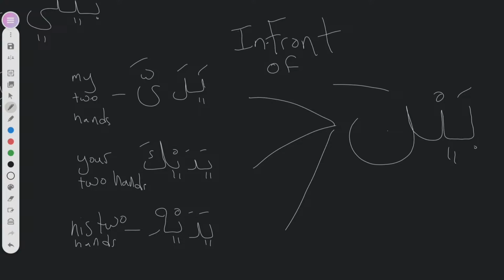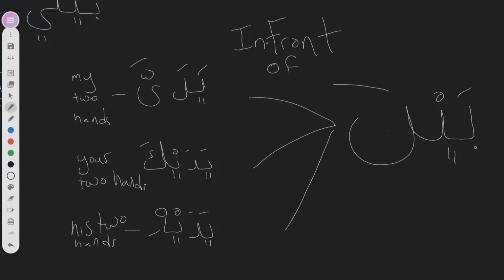Now, the next meaning. So, in front of. Just keeping it simple, it can mean in front of, or what's the translation in the verse? Before it.